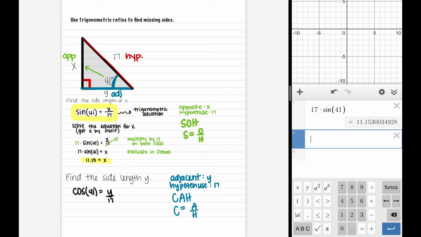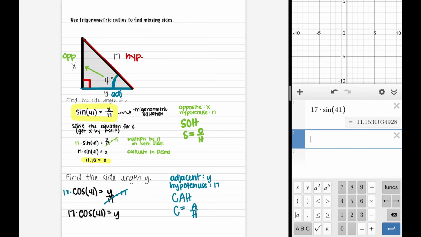Okay, so now we're going to use the same process to solve for y. All right, well, we want to get y by itself, so we need to multiply by 17 on both sides. So 17 being divided and 17 being multiplied are inverses, they cancel out, so we are left with 17 times cosine of 41 is y.